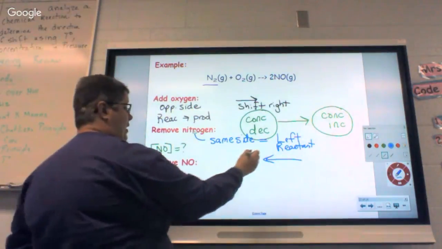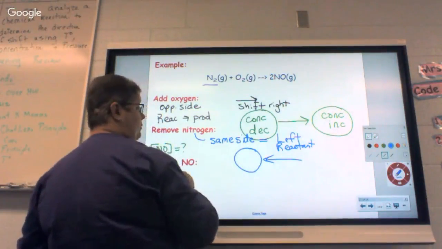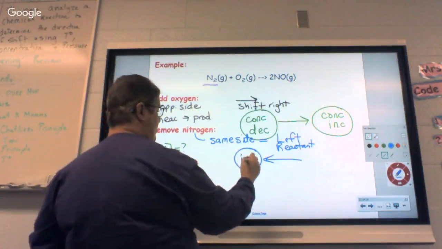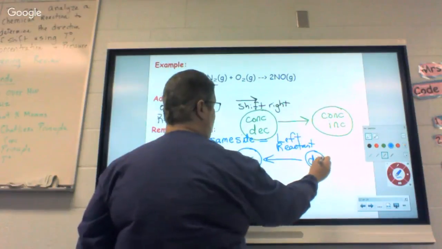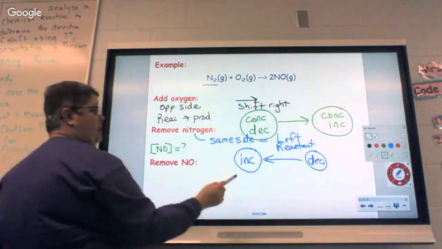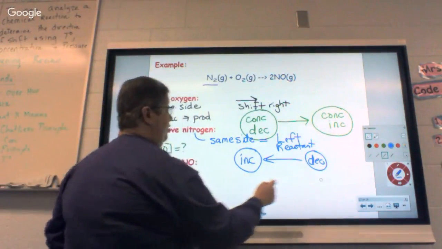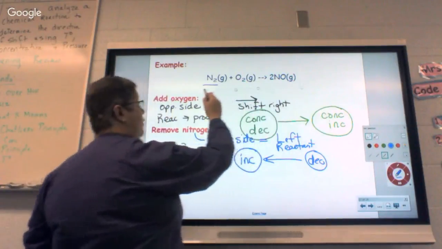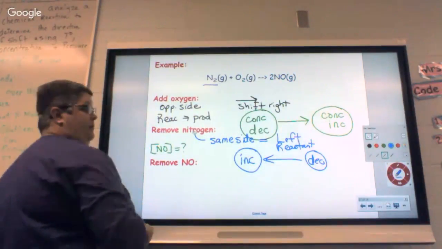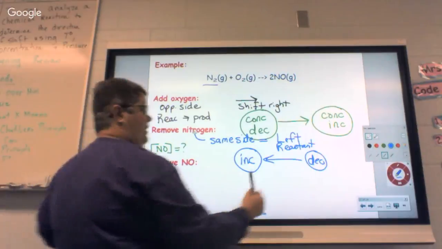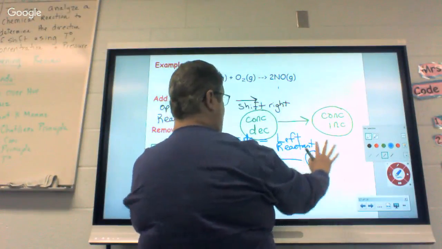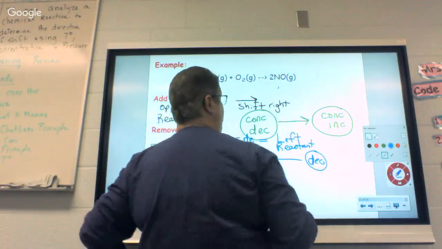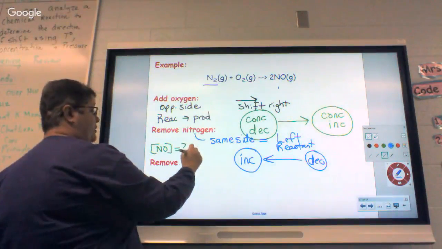That means whatever's over here is going to increase, and whatever's over here is going to do what? Now tell me where NO is in this picture when you superimpose it up here. Is NO increasing or decreasing? Decreasing.